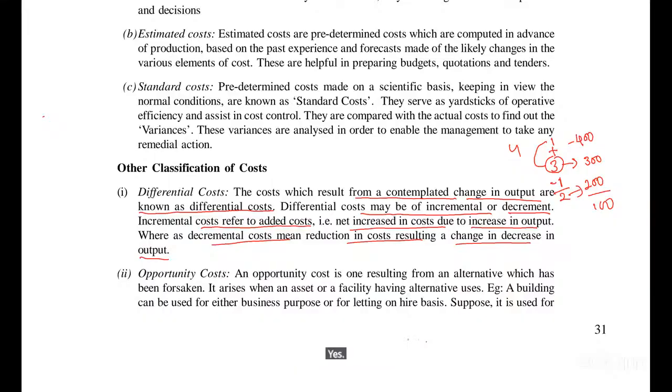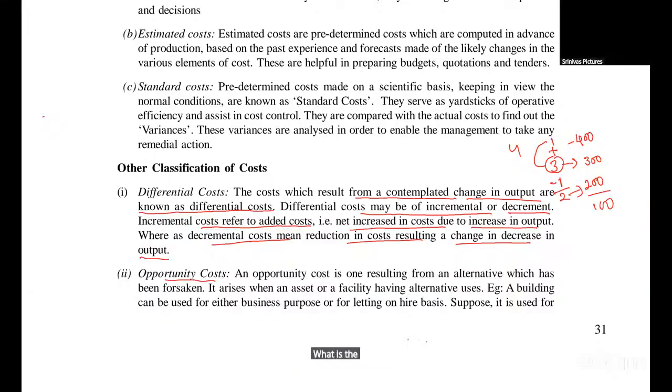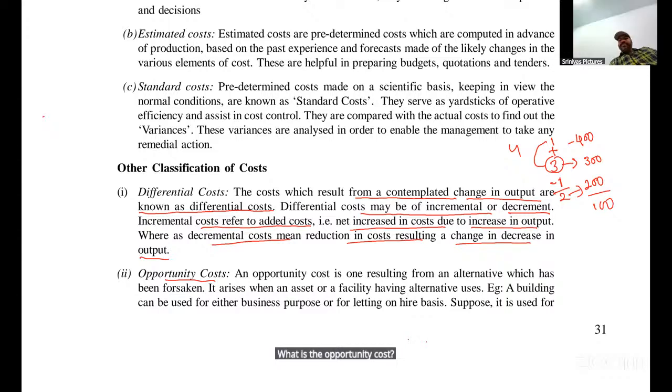What is opportunity cost? Simply we can say that it is the foregone cost. See, you want to travel from Kukatpally to Tarnaka. By metro, it is 60 rupees.